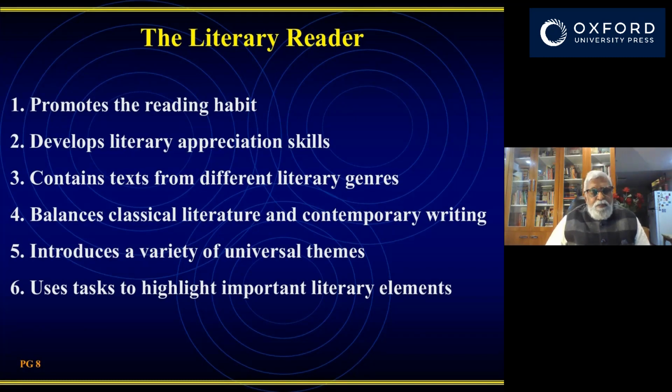It strikes a balance between classical literature, represented by writers like George Eliot, Charles Dickens, and Rabindranath Tagore, and contemporary writing, represented by writers like Ruskin Bond, James Herriot, and Gulzar. 5. It includes a range of thematic elements like wit and humor, mystery and detection, love and romance, and hope and desire.